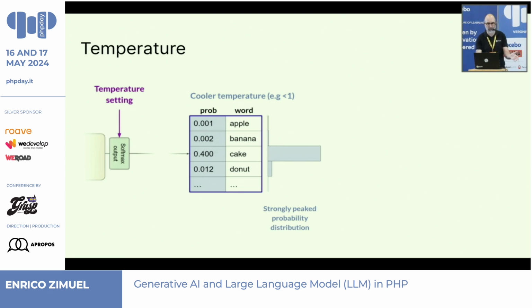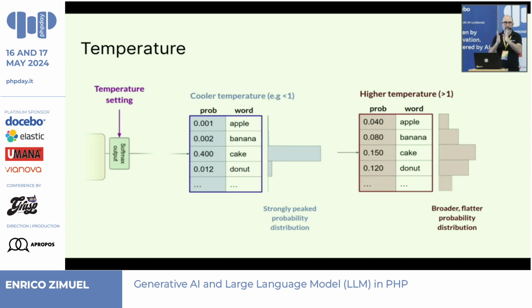So imagine in this example, it's quite evident that cake is the most probable next word, right? If we want a model that gives you a different answer each time, you can increase this parameter. As you can see, the probability distribution is different. So changing the temperature parameter will change the creativity of the response.